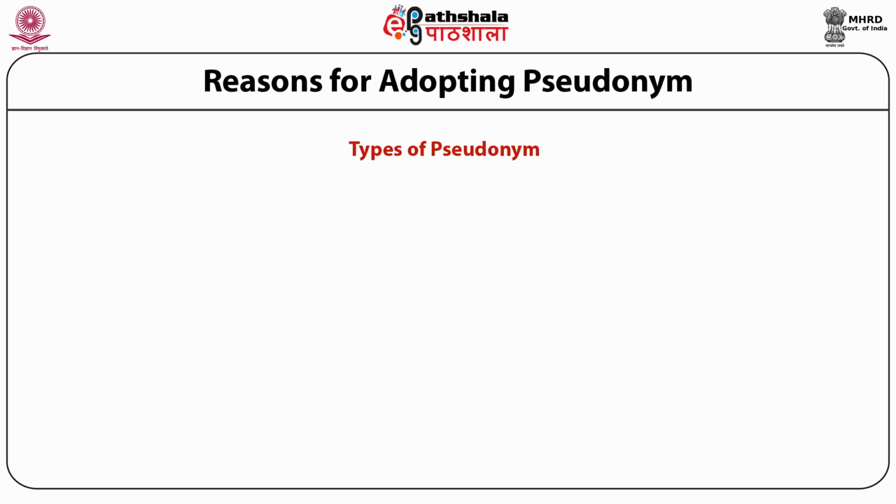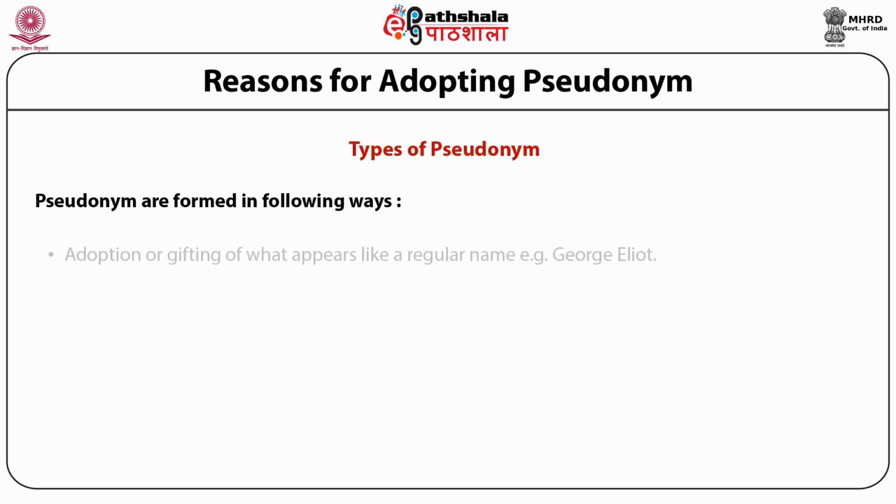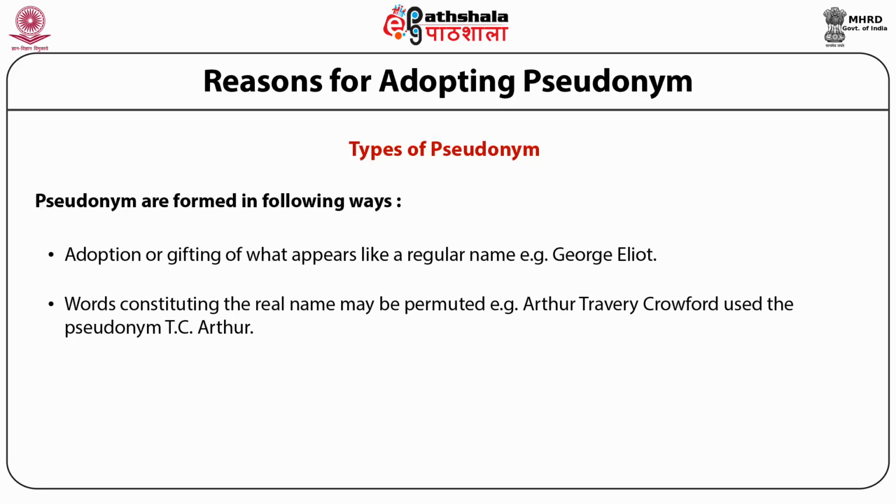Types of pseudonym. Pseudonyms are formed in the following ways: adoption or gifting of what appears like a regular name, for example George Eliot. Words constituting the real name may be permuted, as for example Arthur Trevor Crawford used the pseudonym T.C. Arthur.